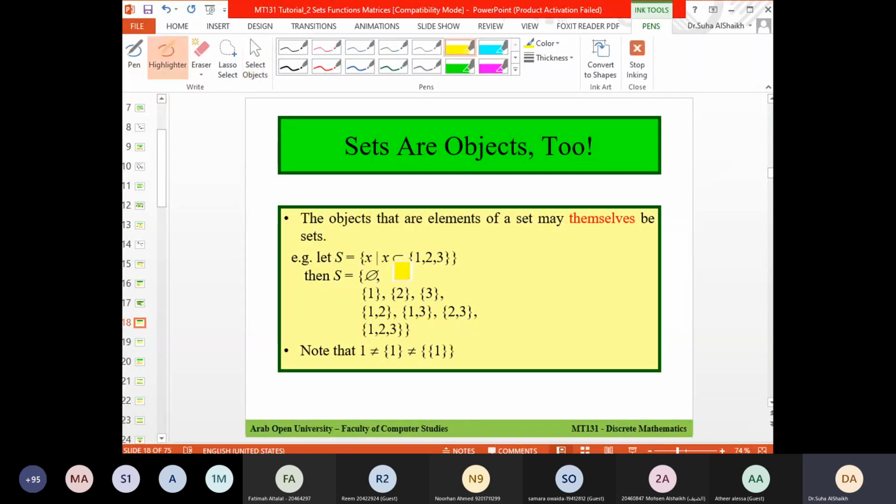For example, if I have the set S, which is all the x's such that x is a subset of the set {1, 2, 3}, I'm talking about all the subsets that I can form out of {1, 2, 3}. The empty set phi is a subset of this set. The singletons {1}, {2} and {3} are subsets of this set.